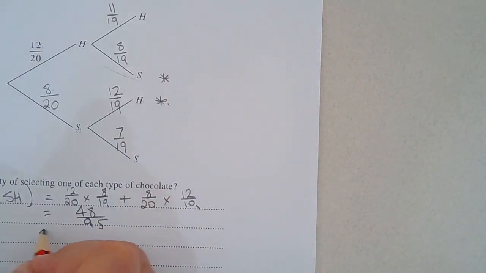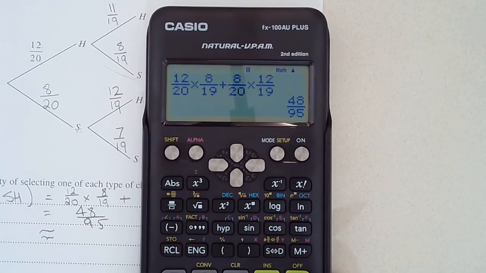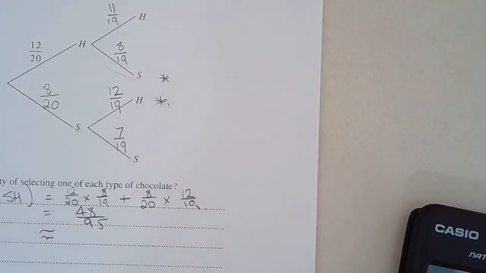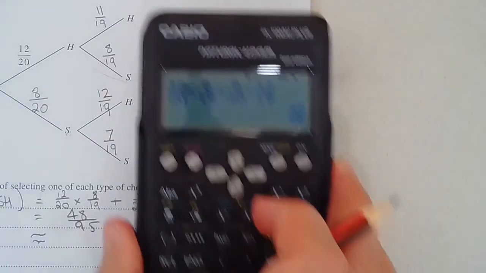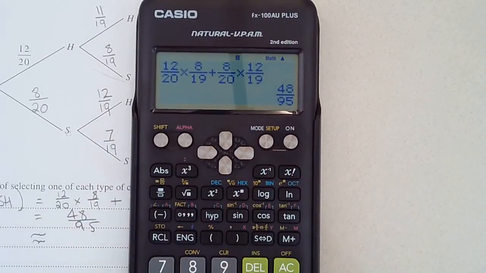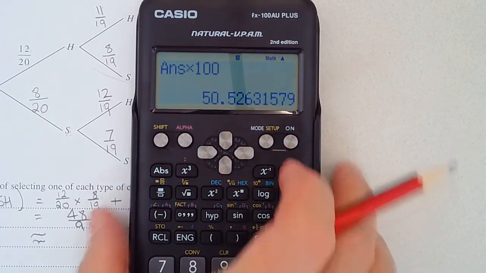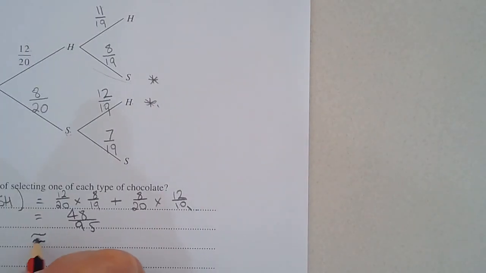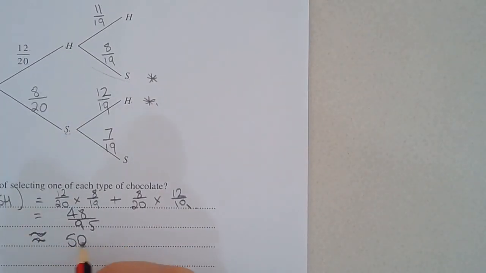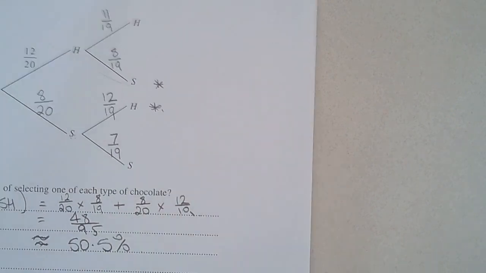That's approximately equal to, so we're going to convert that to a percentage. It doesn't actually say in the question to answer in percentage form. Always answer in fraction form, but let's convert it into a percentage anyway, just to get an idea of what this is. So it's around 50.5%, which is roughly a 50.5% chance.